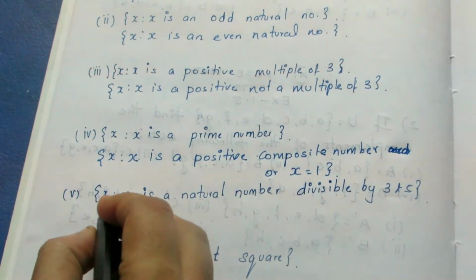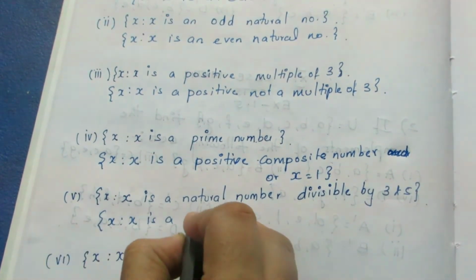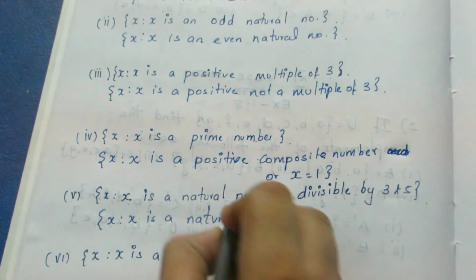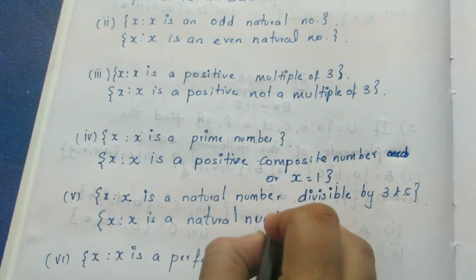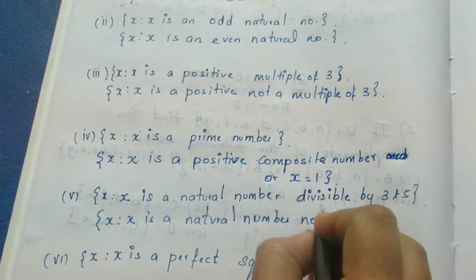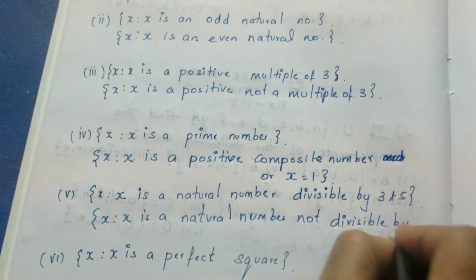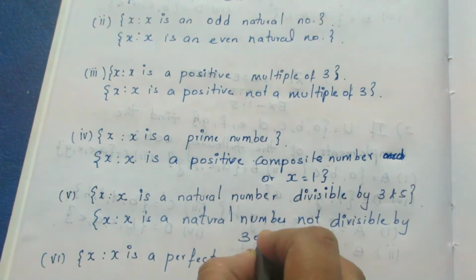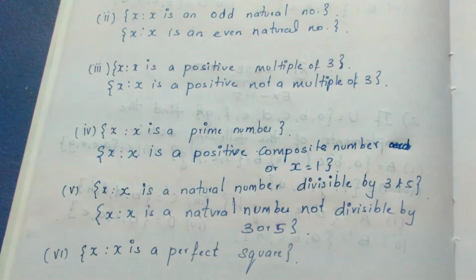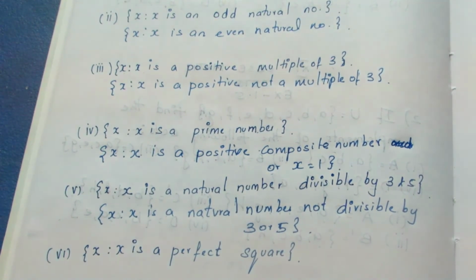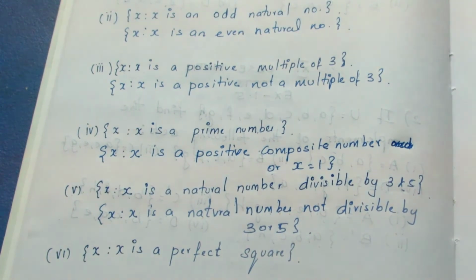So x such that x is a natural number not divisible by 3 or 5. So it is not divisible by 3 and 5. So as divisible by 3 and 5, the complement will be not divisible by 3 and 5.